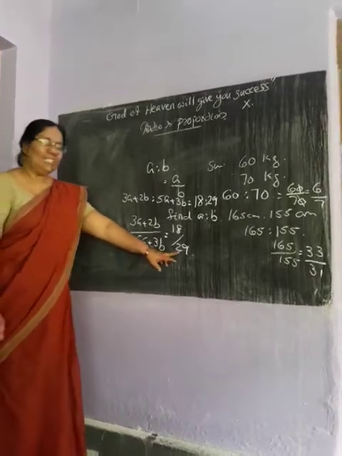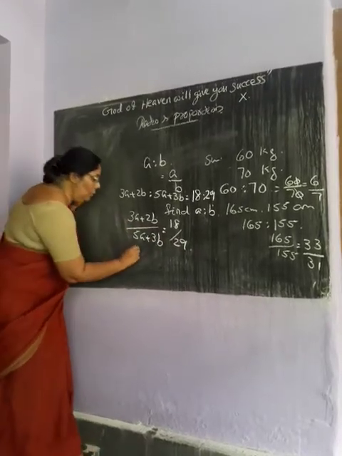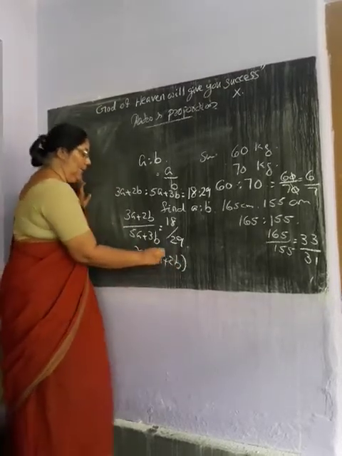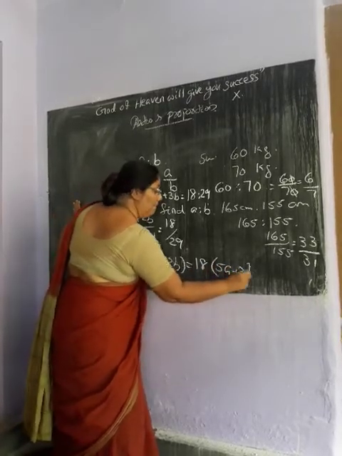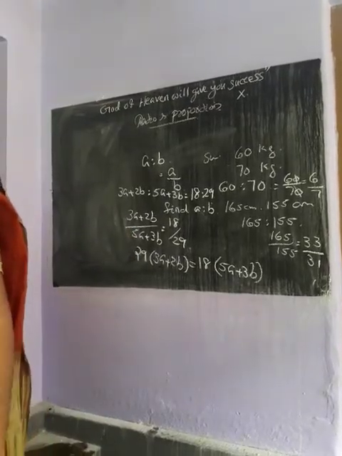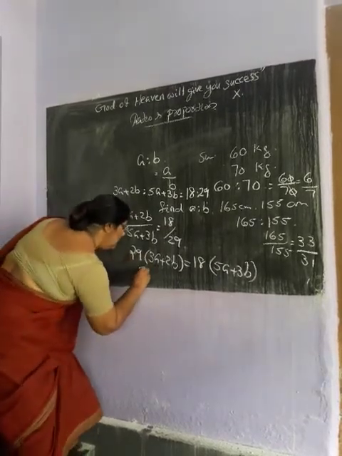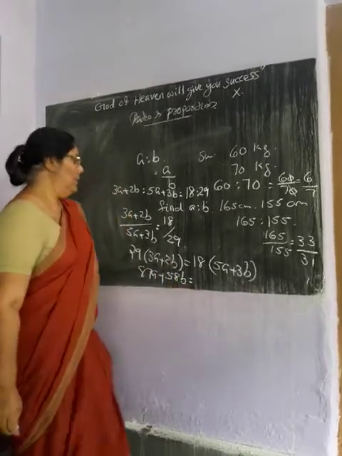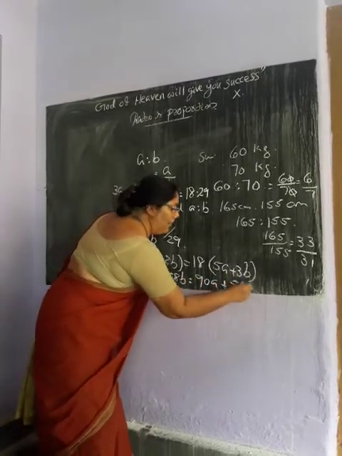Now here, first method, you can cross multiply this. 29 into 3a plus 2b is equal to 18 into 5a plus 3b. Now opening the bracket, you will get 87a plus 29 into 2, 58b is equal to 90a plus 54b.